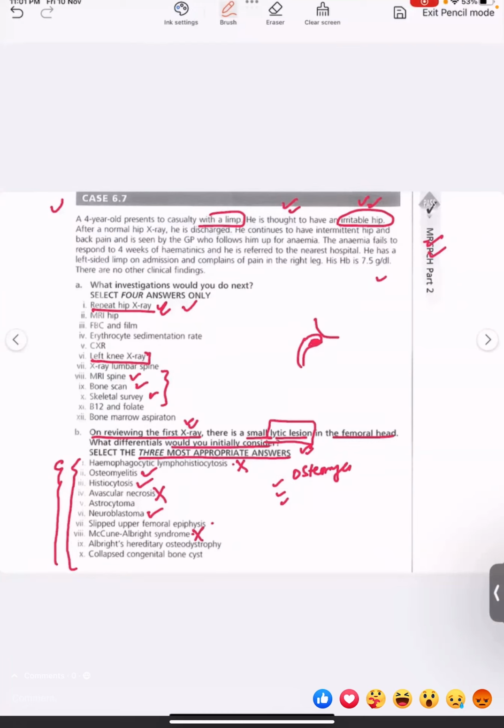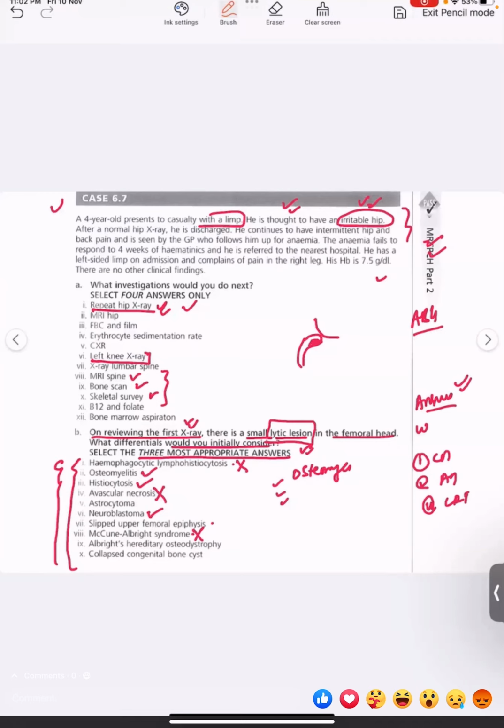Sometimes in the stem, in the scenario, they will give you the ABGs, and in the options for the answer they again give you ABGs, and in the question they ask what investigation you would like to do. One option may be CBC, the second ABGs, the third LFTs.